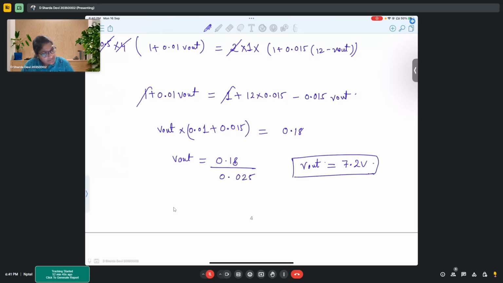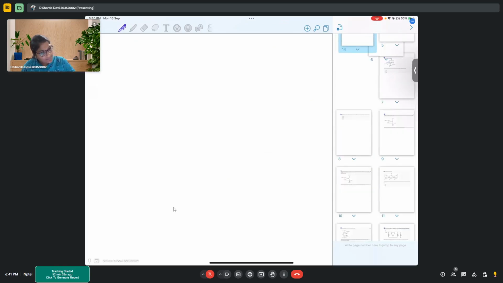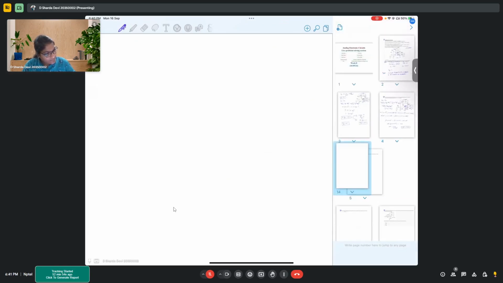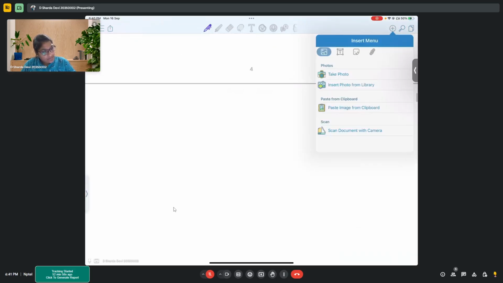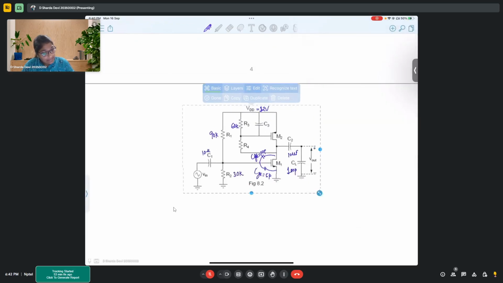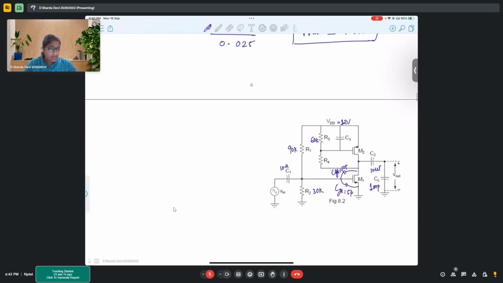So if V out is 7.2 volts, then the methodology is that we always need to find VGS. VGS defines, first of all, whether your transistor is on or off.